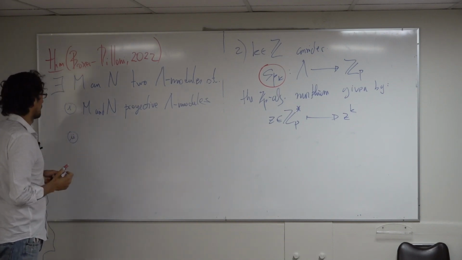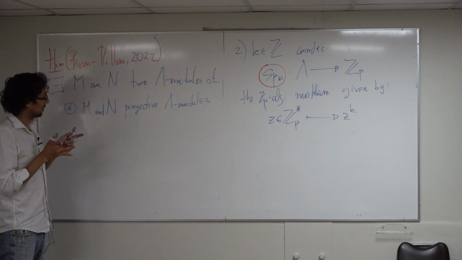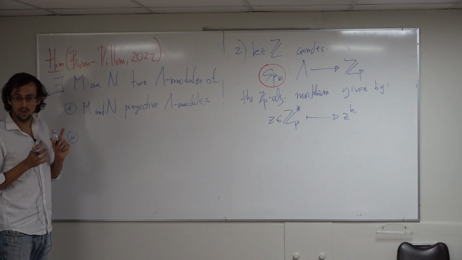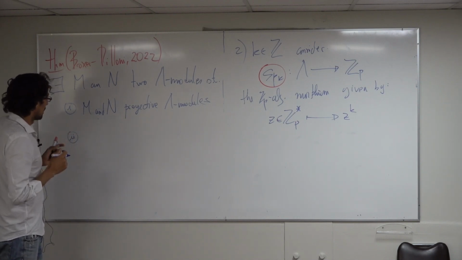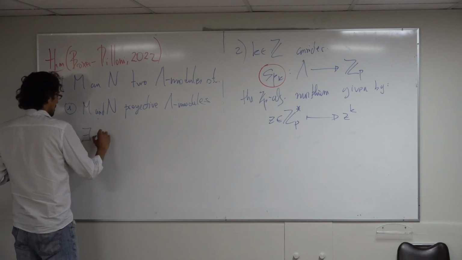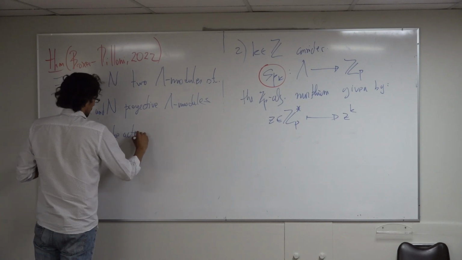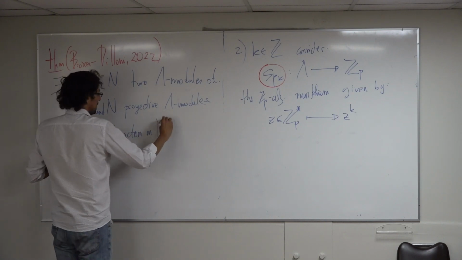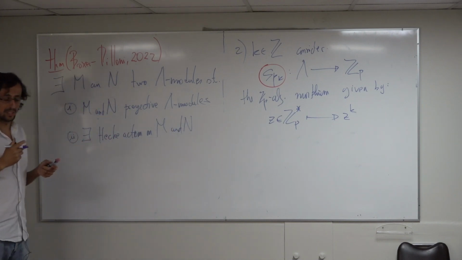That gives you the idea that they are big. They are kind of copies of Lambda, even if they are not free. But that is okay. You also have that there exists a Hecke action on M and N. M and N have an action of the Hecke operators.